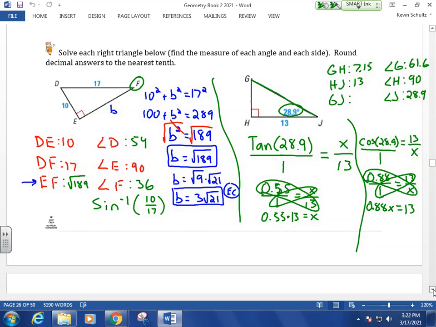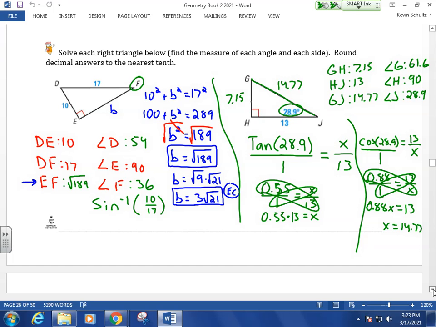So dividing both sides by 0.88 to get x by itself, 13 divided by 0.88 is 14.77. Okay? 14.77. Let's put those values in here. 14.77 for that, 7.15 here for that.